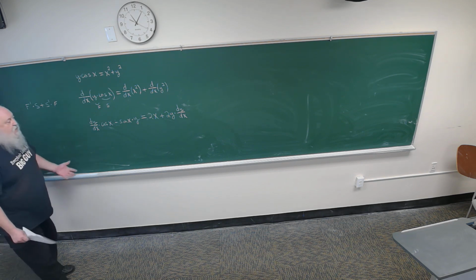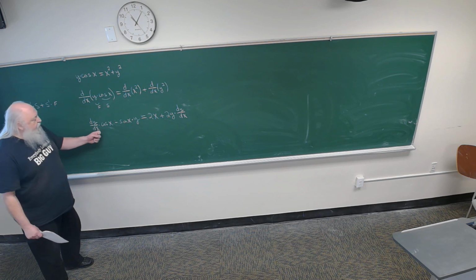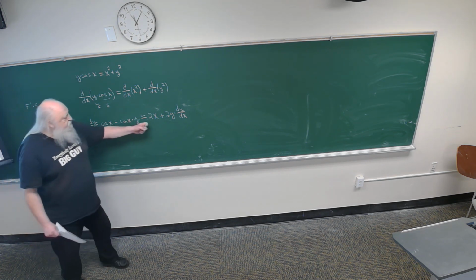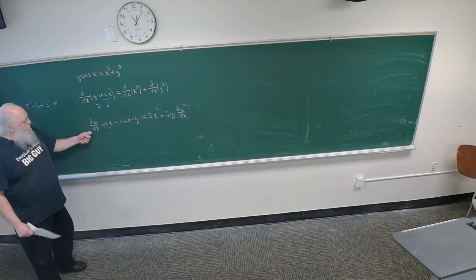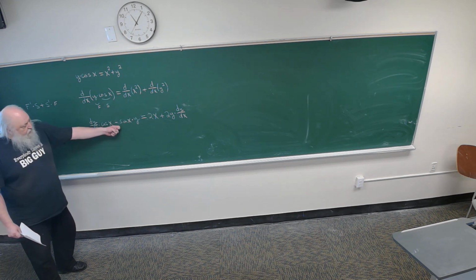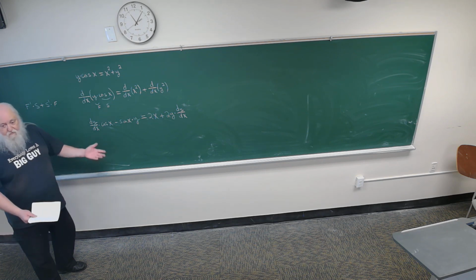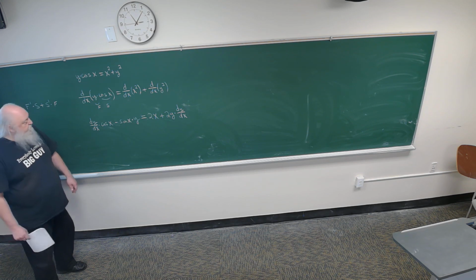Okay. All right, now to find the derivative of y with respect to x, we need all the terms, right? We got 1 term, 2 terms, 3 terms, 4 terms. Get all the terms with dy over dx on one side, and all the terms without dy over dx on the other side. Okay? And then we factor out the dy over dx like we did yesterday, and then divide.